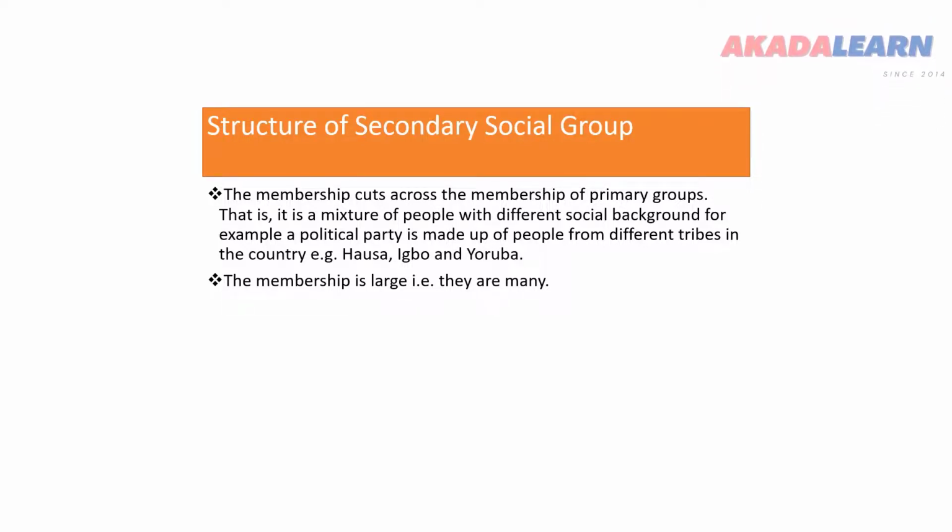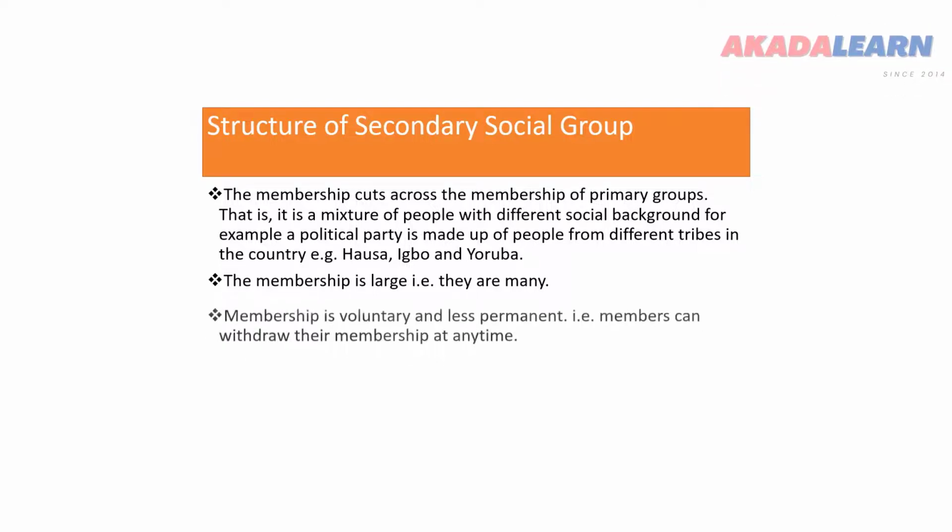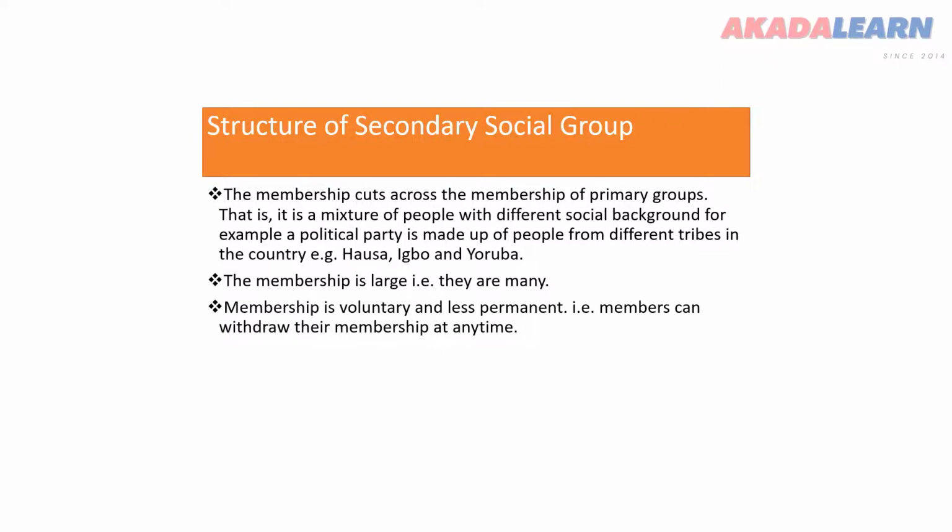For example, a political party is made up of people from different tribes in the country, such as the Hausa, Yoruba, Igbo, and so many more, to make up a particular political group or party. The membership is large, that is, there are usually so many. Membership is also voluntary and less permanent, that is, members can withdraw membership at any time.